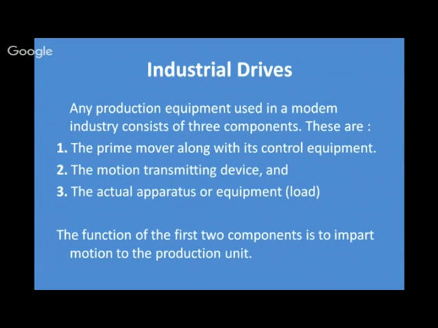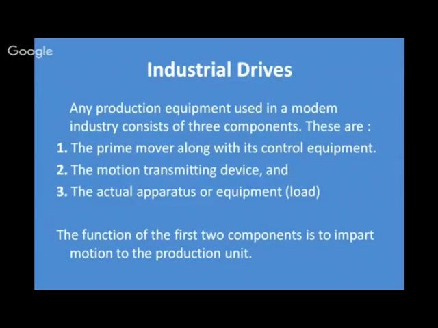Now we can look at the industrial drive components. Basically, industrial drive components can be of three types. First is the prime mover. The prime mover is the main part of the industrial drive. It is the component which provides the forcing function of the whole system.